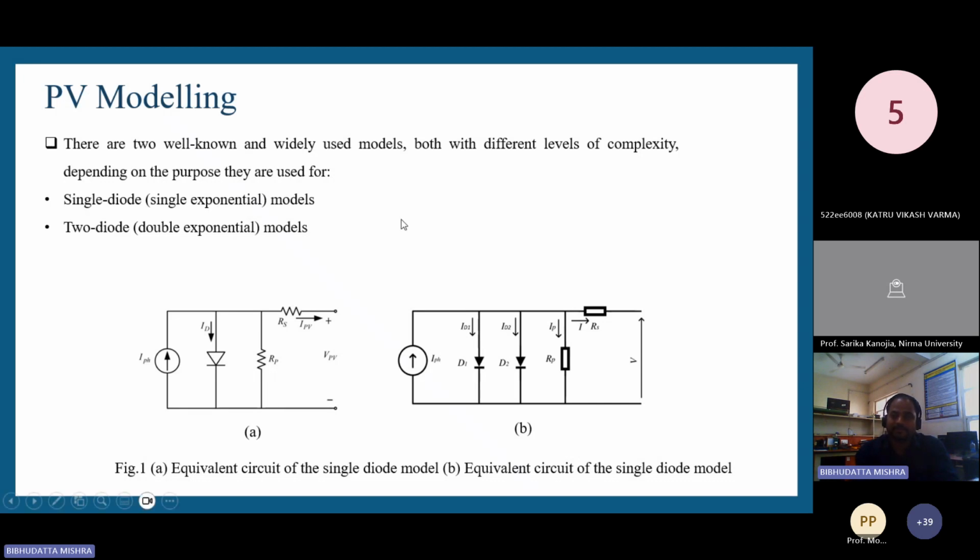In the 4-parameter based model, we don't take account of the shunt resistance, and in the 5-parameter model we go for considering that shunt resistance. So in comparison to the 4-parameter model, we prefer the 5-parameter modeling. Figure 1a shows the equivalent circuit of a single diode model, and figure 1b shows the equivalent circuit of a double diode model.